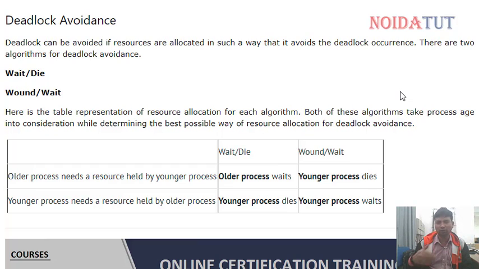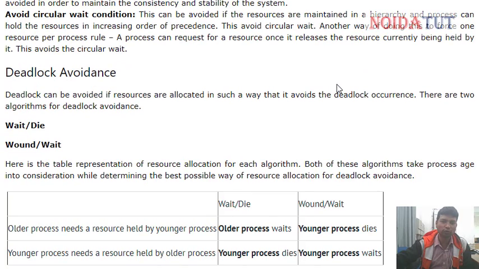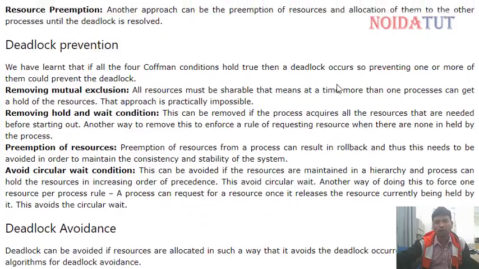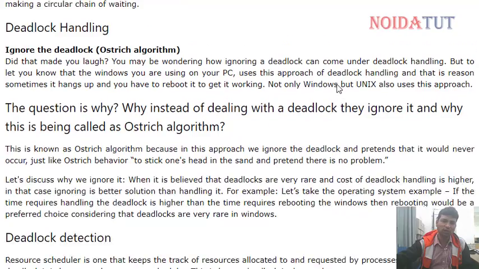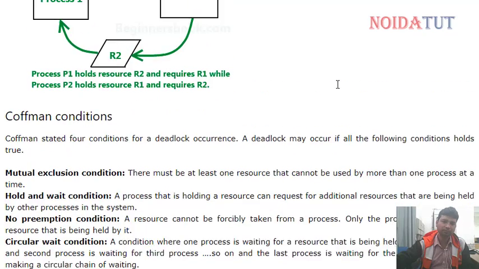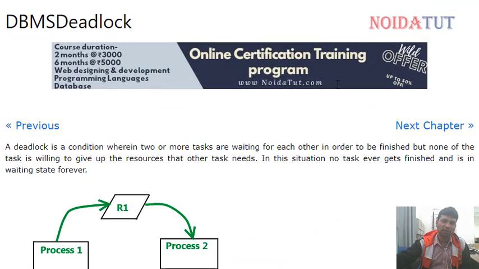Now these are the processes and methods which we work with while dealing with deadlock. Deadlock is a common issue which we face in our operating system, where we find our system or application or mobile being hung up.